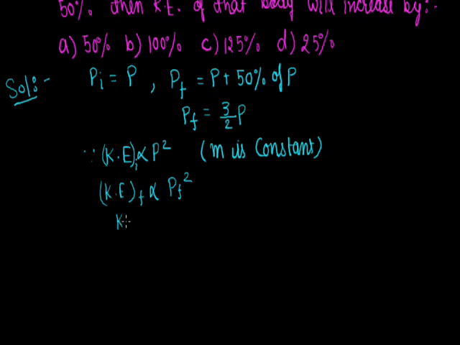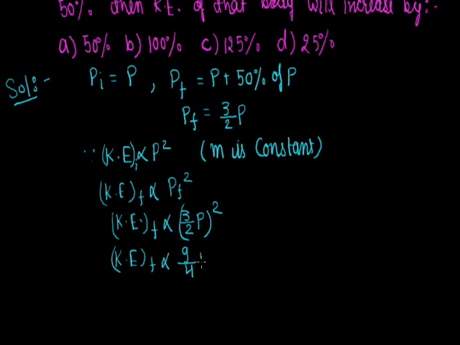So final kinetic energy is proportional to 3 by 2 P whole square, and by solving this we can write kinetic energy final is proportional to 9 by 4 P square. Suppose this is equation 1 and this is equation number 2.